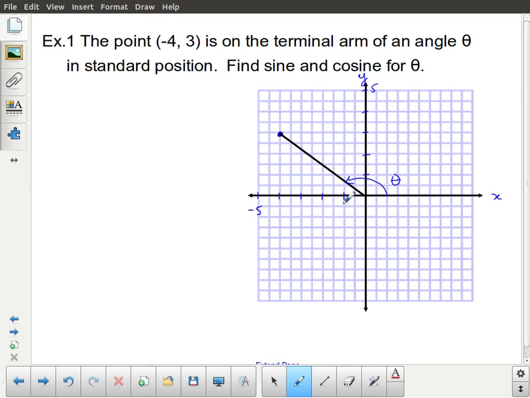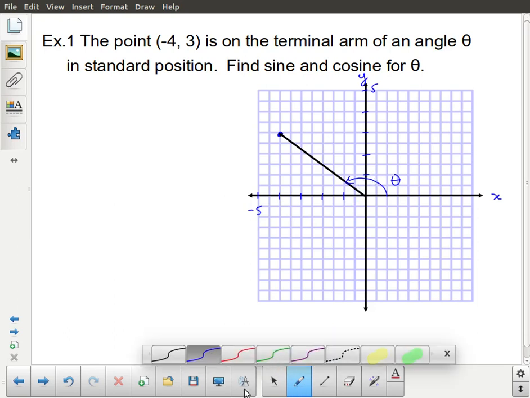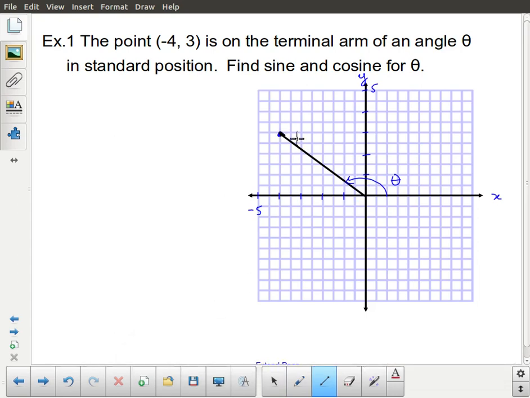Now, it gets a little tough when you think about this because, well, how do I draw the triangle that goes with this? Do I draw the triangle down to here? Do I draw that triangle to here? Do I draw the triangle to here? And one thing I want you to notice is, take a look at the angle theta as I try these different triangles.